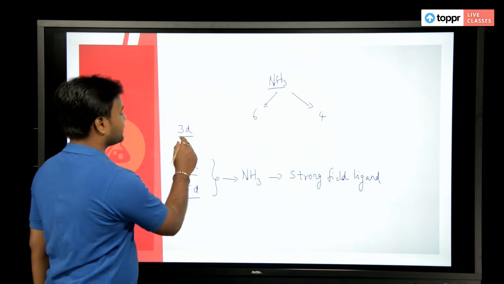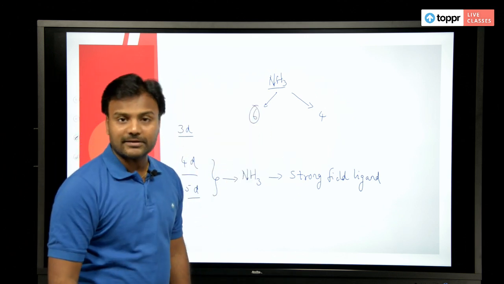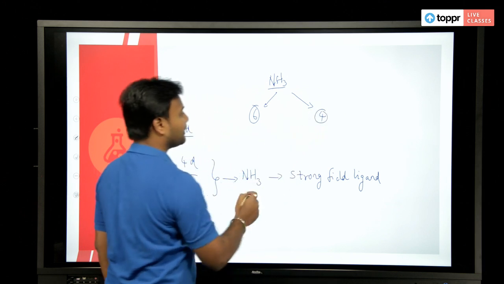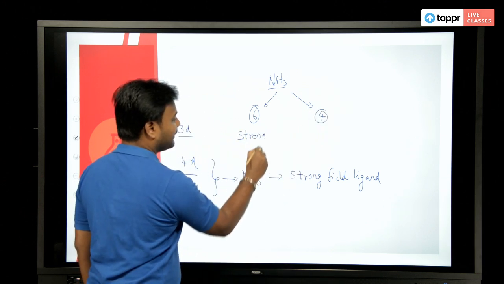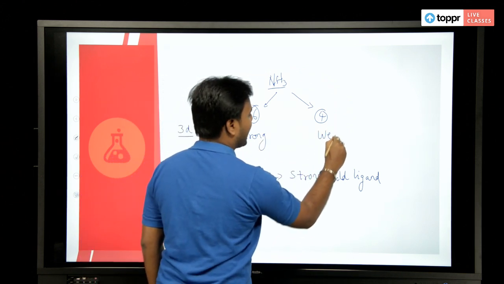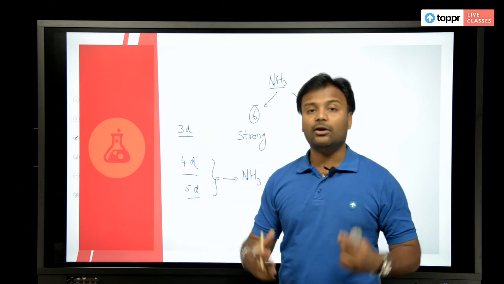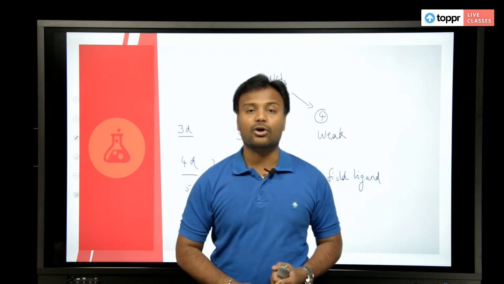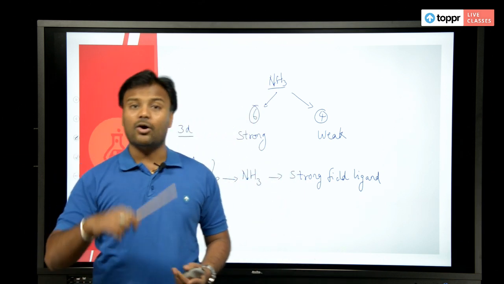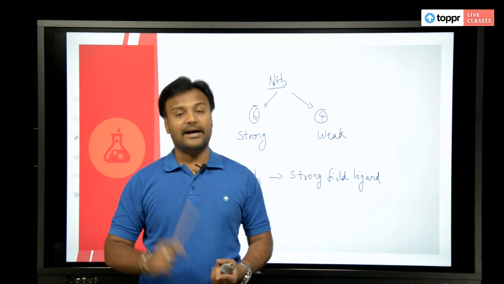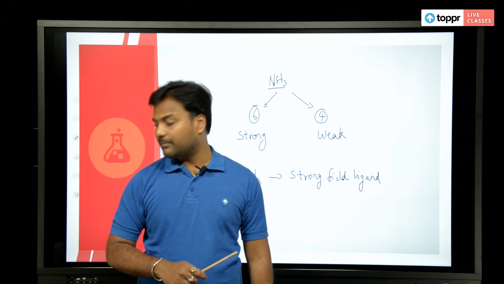If the 3d series, if you have ammonia whose coordination number is 6 and here whose coordination number is 4, then here it is a strong field ligand, here it acts as a weak field ligand. So ammonia cannot be judged as either strong field or weak field completely. It depends upon the coordination number, the oxidation state of the central metal atom and even the geometries also. So this is something which you have to remember.